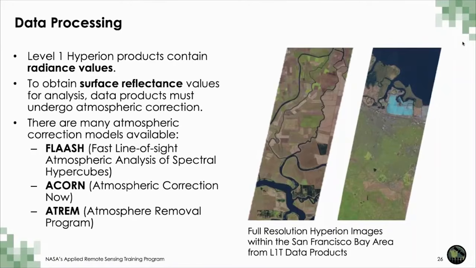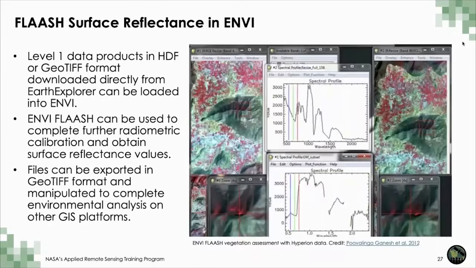A few of these include the fast line-of-sight atmospheric analysis of spectral hypercubes, or FLAASH model, the atmospheric correction now, or ACORN model, and the atmospheric removal program. For many of the atmospheric correction models, you need a more advanced processing software such as ENVI.